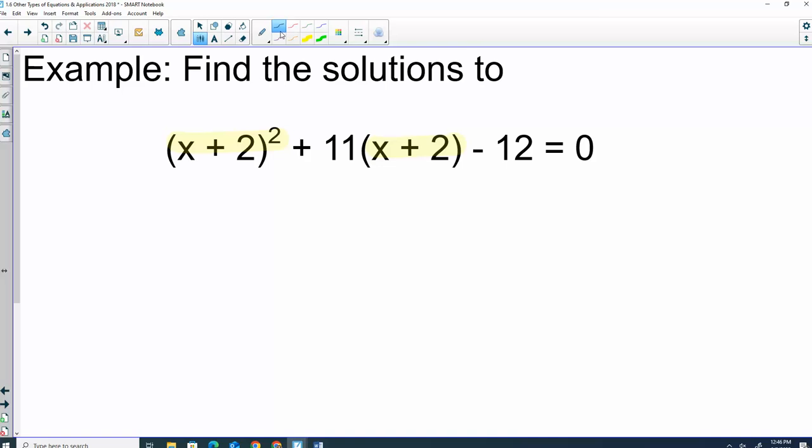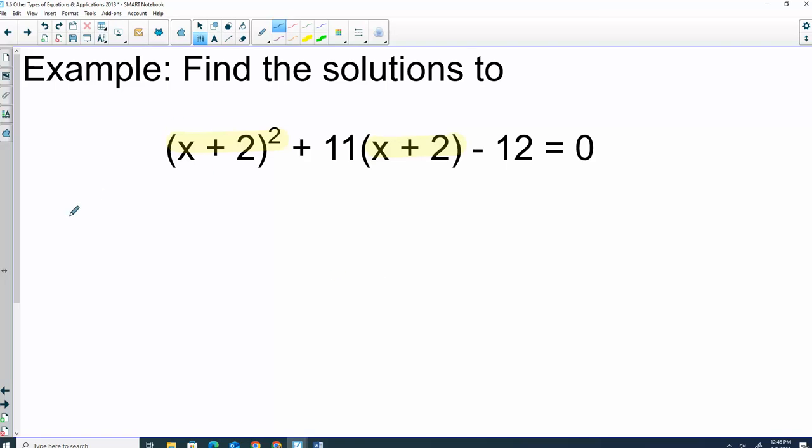Could you take x plus 2 and square it and combine like terms and factor? Yes. But if I made the exponent like a 2/3 and a 1/3, would you be able to multiply it out? No. So that's why I'm trying to show you a strategy that would always work on these types of problems. So if you got one like this on a test and you chose to multiply it out, that is perfectly fine. But that won't always work.